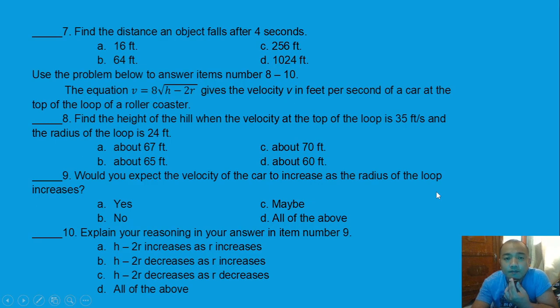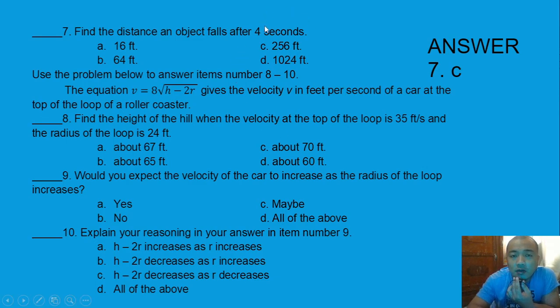Okay, next. Same formula for number 7 as in number 6: t equals the square root of d over 16. So for 4 seconds, 16 times 16 is 256.